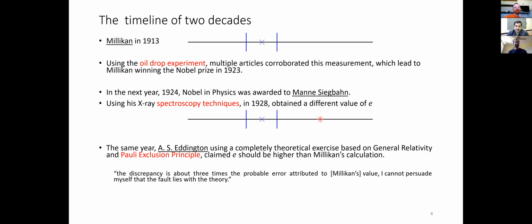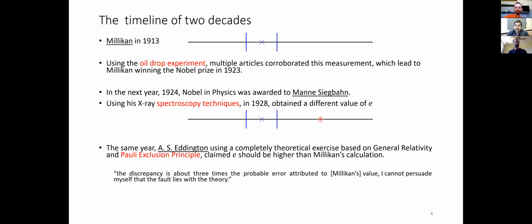But either way, in 1928 he used the general theory of relativity and the Pauli exclusion principle to calculate a different value of e. Eddington did not do any experiment, unlike the other two methods; his calculation was completely based on theory.